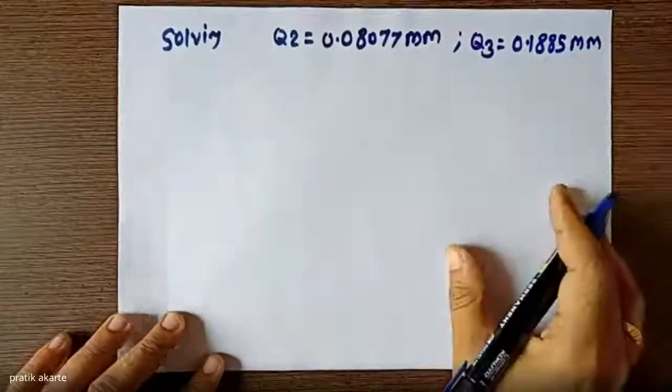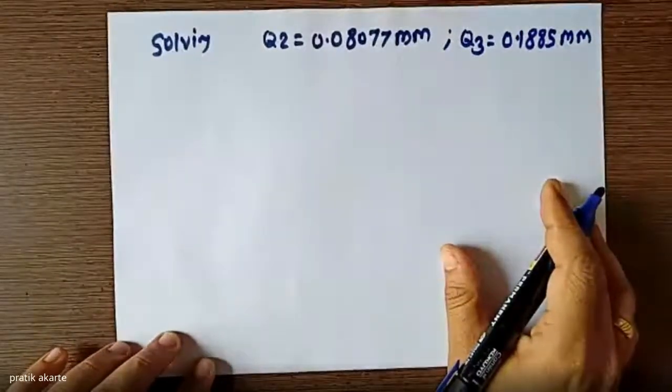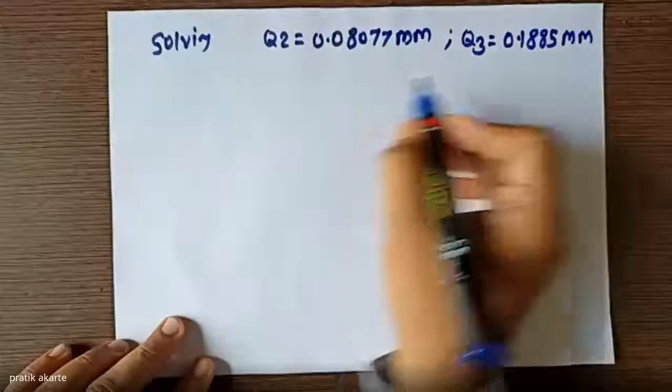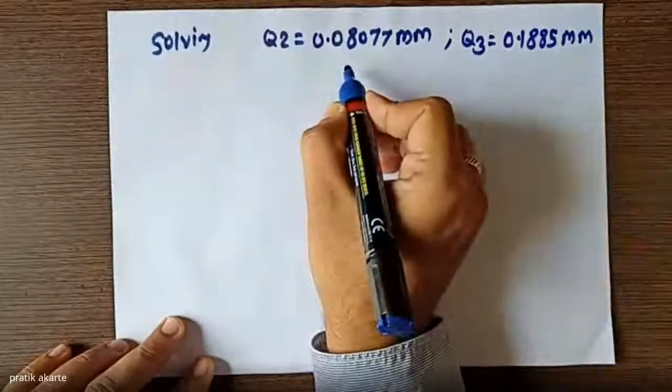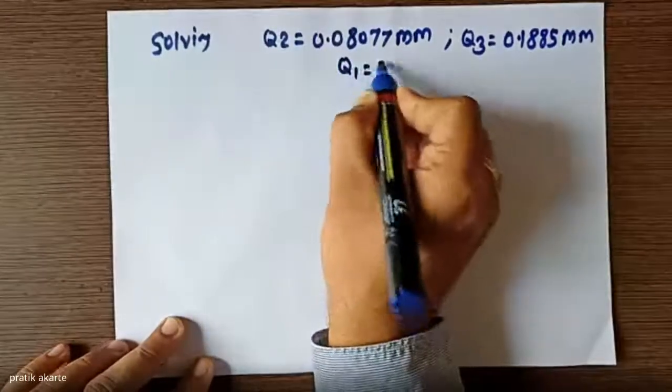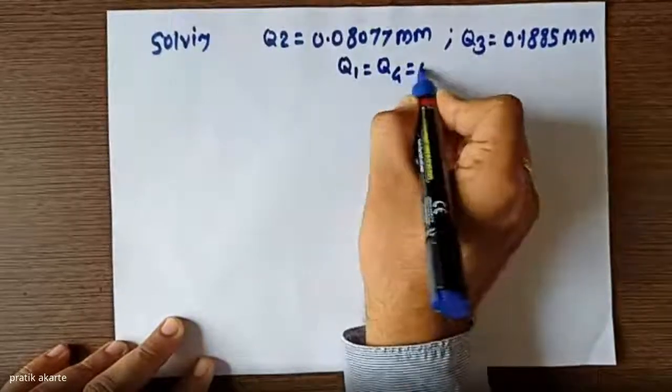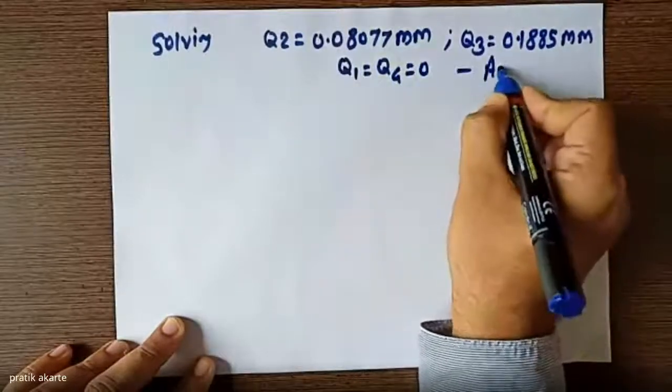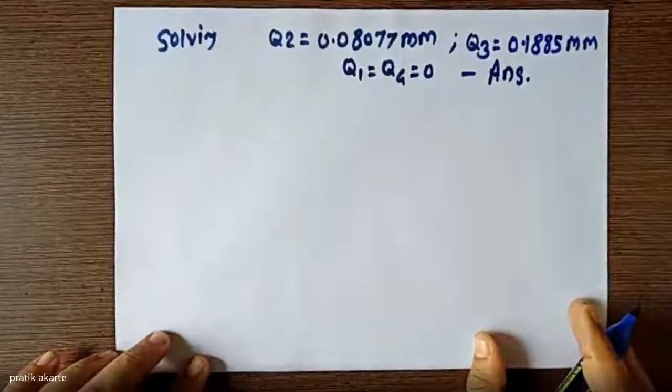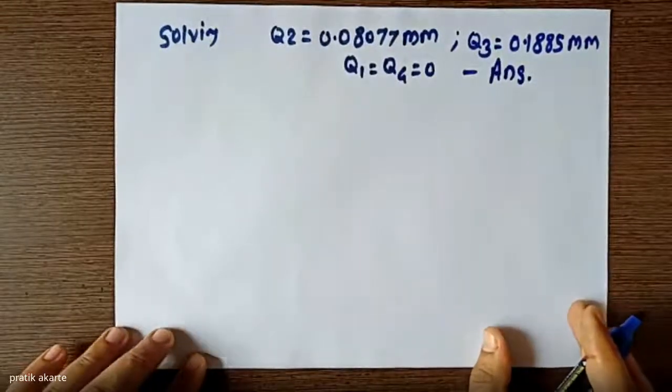You can always cross check this answer by solving the equations. Q2 and Q3 we got, and Q1 and Q4 are 0. So this is our first answer, displacement because of the applied load.